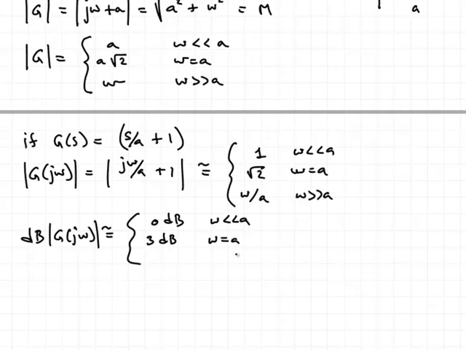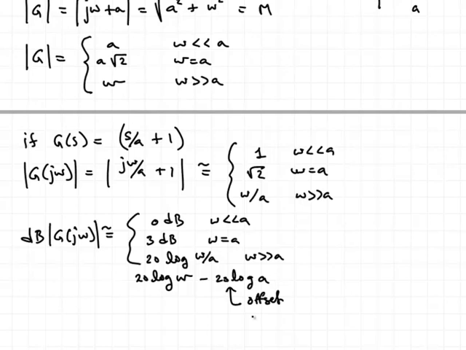And when it's much, much greater than a, then we'd have 20 times the log of omega over a. But we can rewrite that as 20 times the log of omega minus 20 times the log of a. So this is an offset, all right?